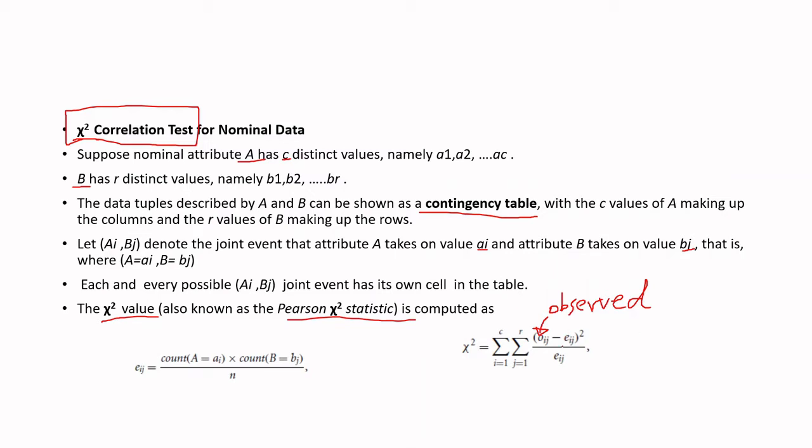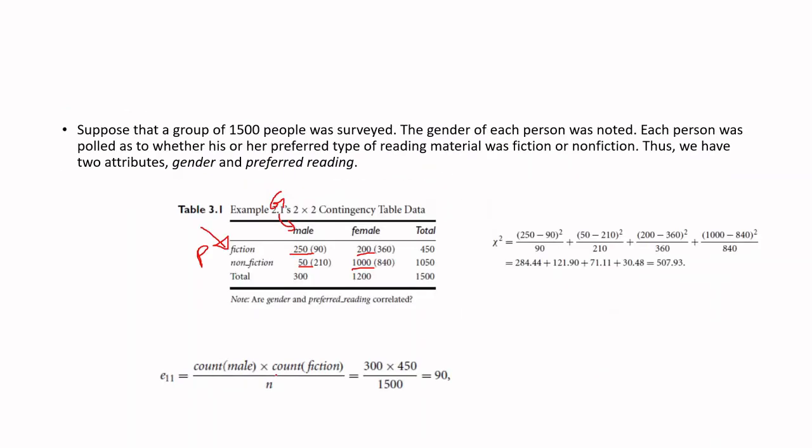How do you calculate expected? Now, expected is equal to the count of A equal to Ai, say for example gender equal to female, how many females are there, into the count for the B attribute. B attribute is the type of books they read, right? So how many fiction readers are there? That also we get from here. You get 450.